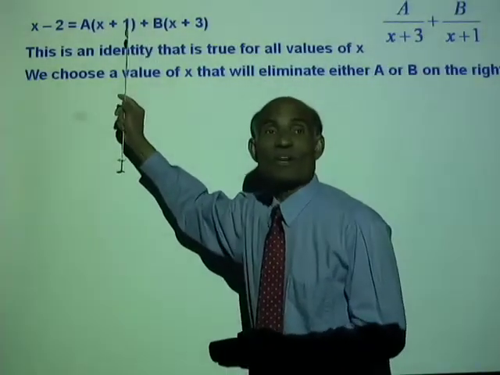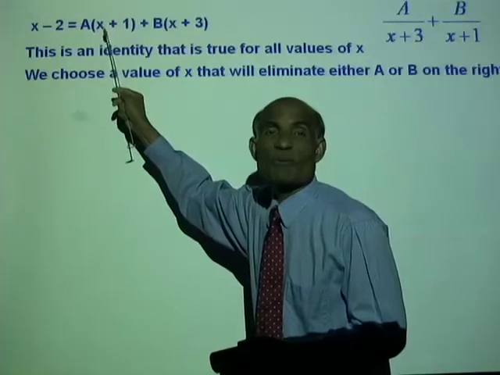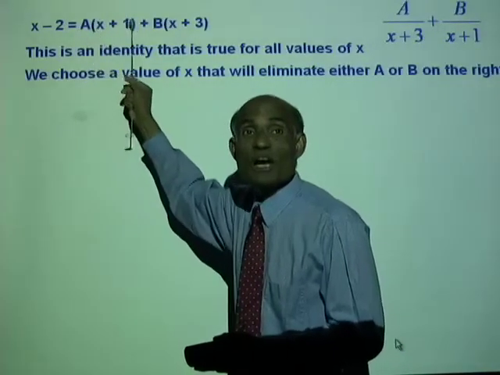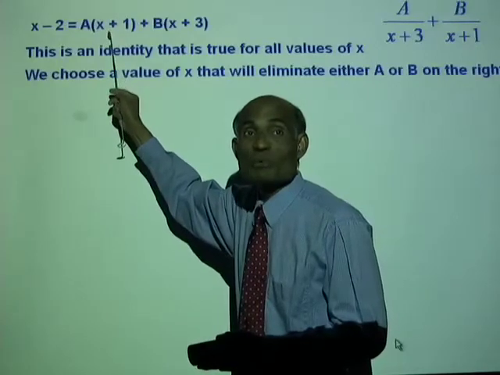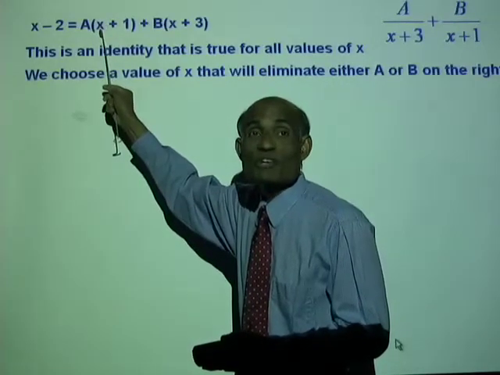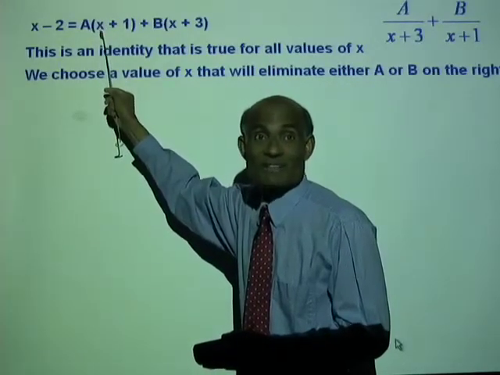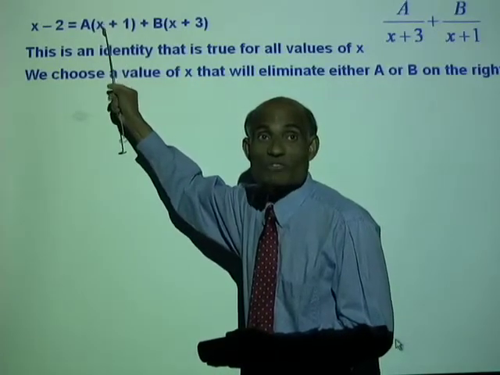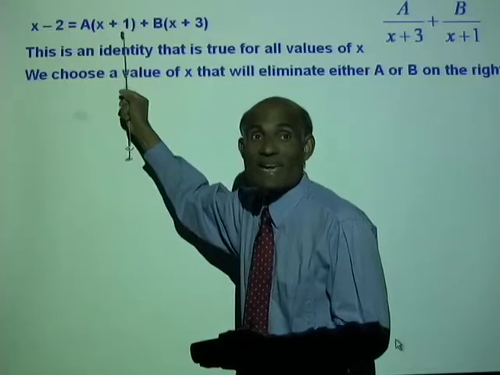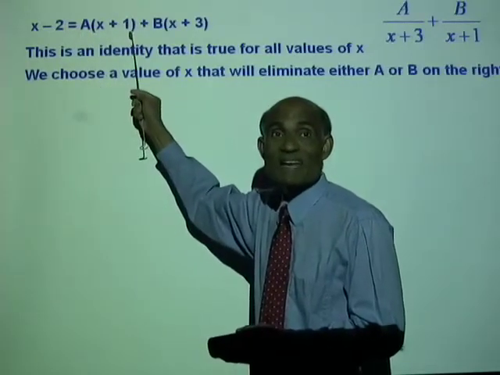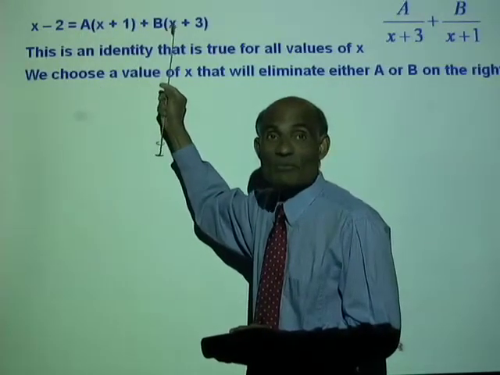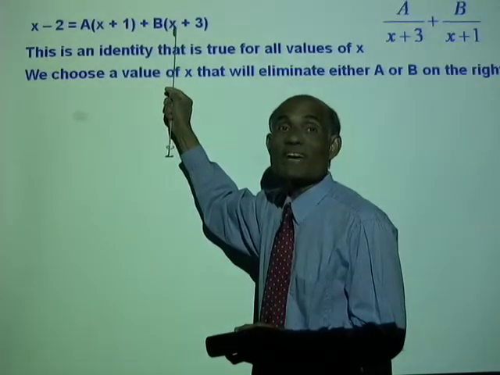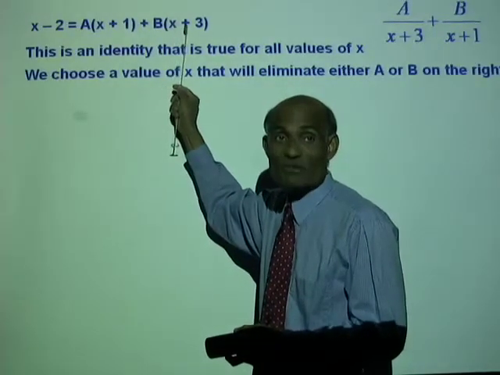Tell me, what is the value of x that will eliminate a? This term will become 0 when x equal to -1, isn't it? When x equal to -1, -1 plus 1 is 0, 0 times a equals 0. That term gets eliminated. And how will you eliminate this term? By setting x equal to -3.